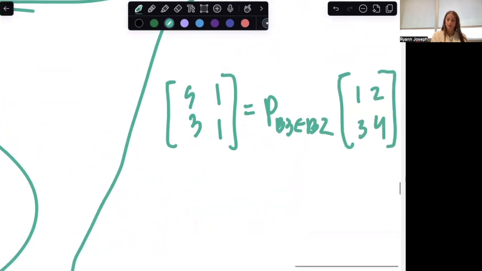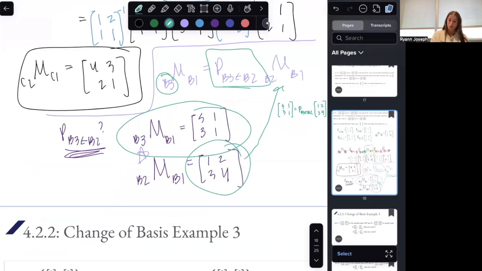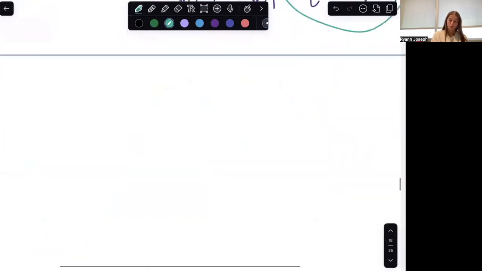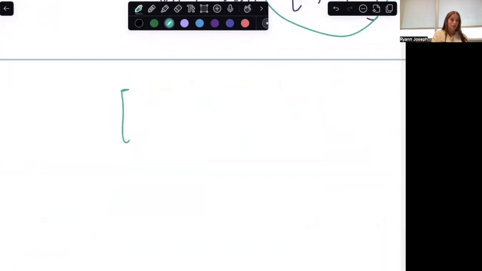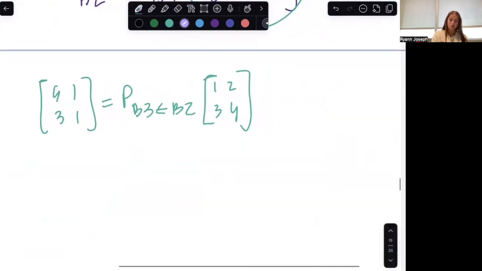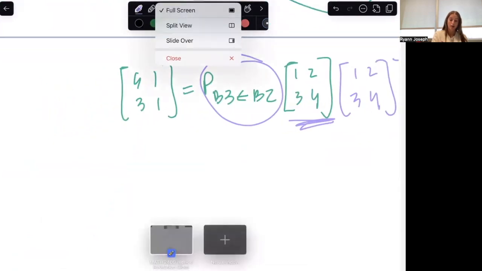I'm running out of space, so we can go to the third page and just rewrite this. 5, 3, 1, 1, P, B3 from B2 times 1, 2, 3, 4. I want to isolate this, so I'm going to multiply this guy by its inverse on the right. So 1, 2, 3, 4 inverse. Therefore, on this side, I also need to multiply it on the right.